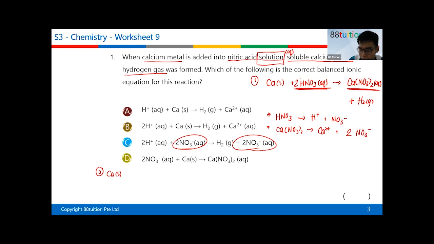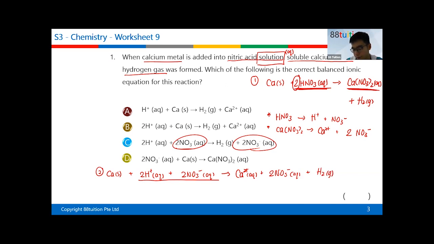I have two of it, so I will have 2H+ and 2NO3-. This is after splitting up my HNO3. To form calcium nitrate, which is just Ca2+ and 2NO3-. Then lastly is hydrogen gas, which also doesn't split into ions since it's not aq.